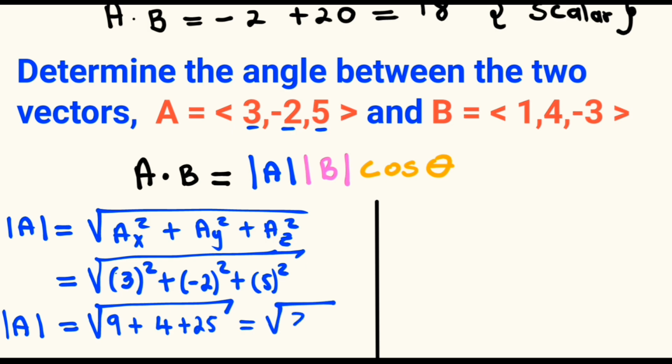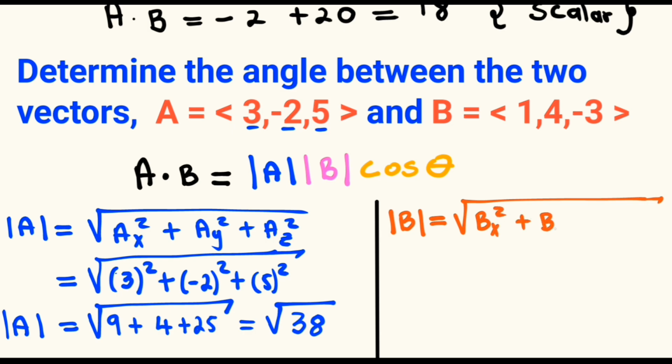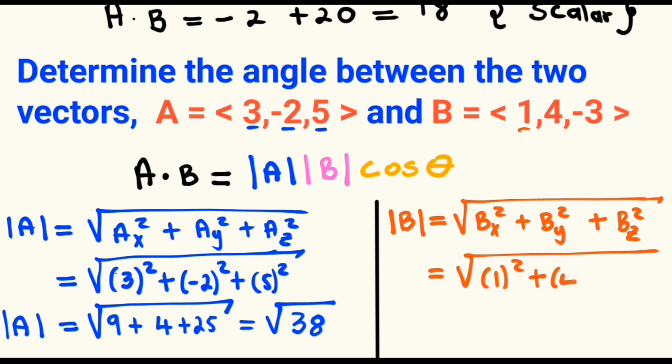So we have the square root of 38 as our magnitude for A, and for the magnitude of B, we have the square root of B subscript x squared plus B subscript y squared plus B subscript z squared. We have the square root of 1 squared plus positive 4 squared plus negative 3 squared.